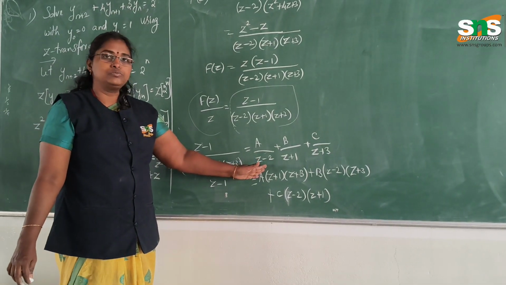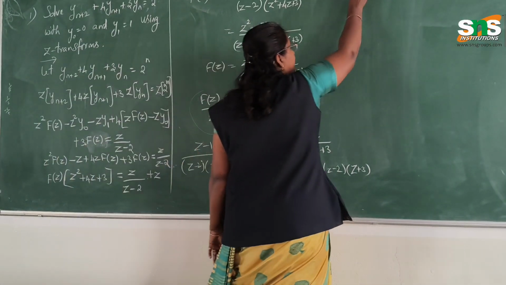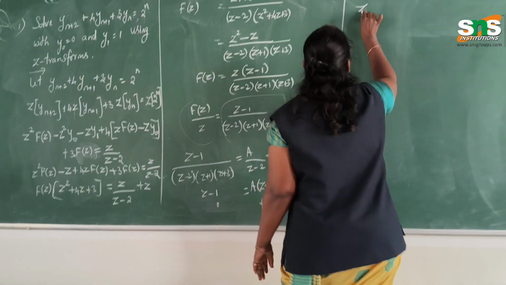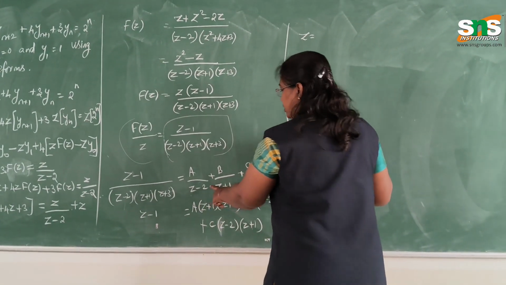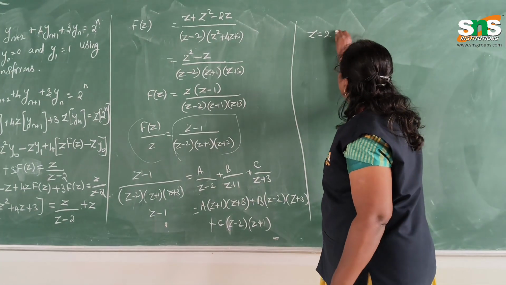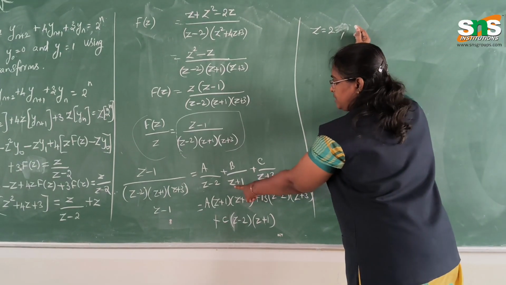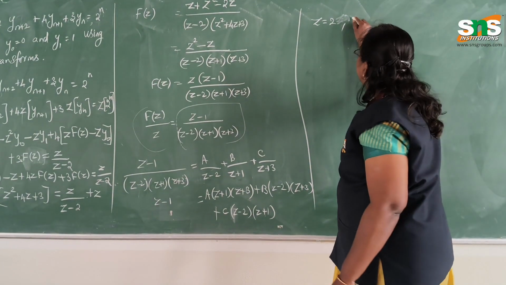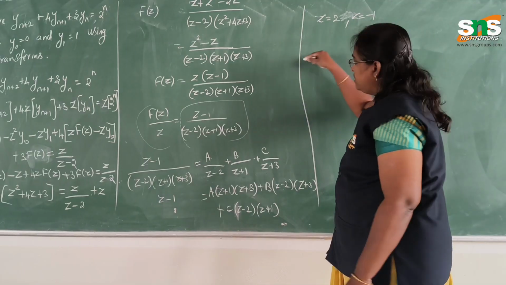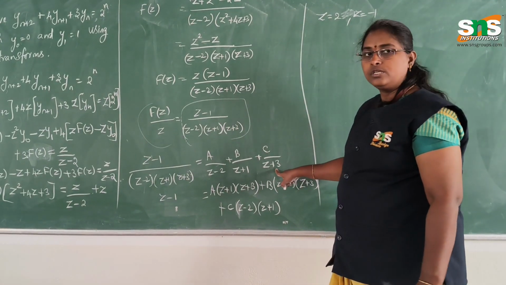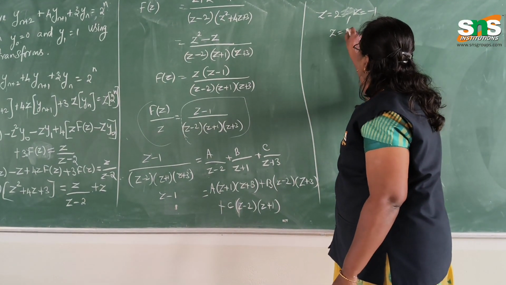But here the root values are given. What are the root values? z minus 2 equal to 0 means z equal to 2, and the second value z plus 1 equal to 0 means z equal to minus 1, and the third value z plus 3 equal to 0 means z equal to minus 3.